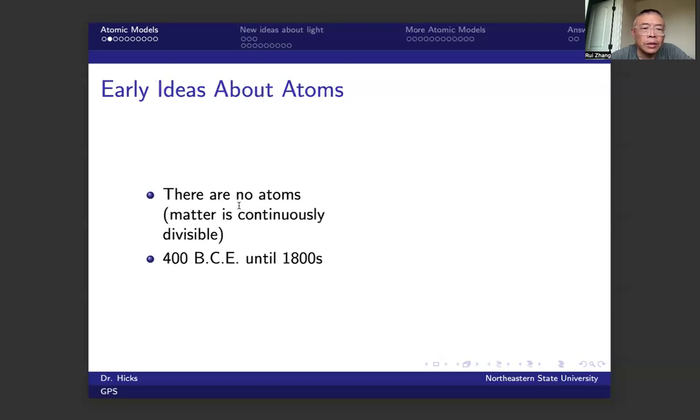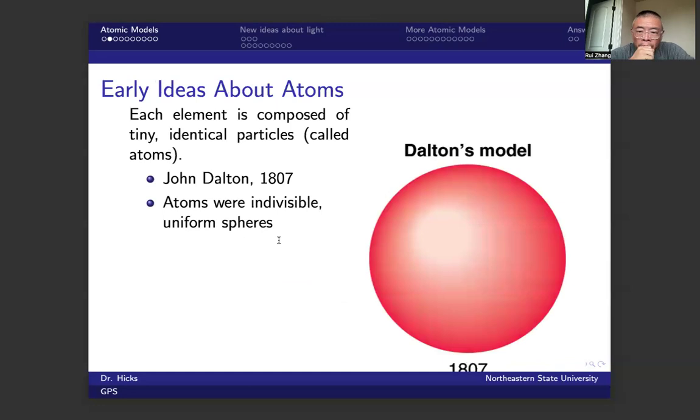So at the very beginning, this is the idea about the atom. They didn't know that there were atoms microscopically. Everybody thought matter is just continuously divisible, that you can cut it all the way through. Then John Dalton was the first to propose the first generation model of the atom.